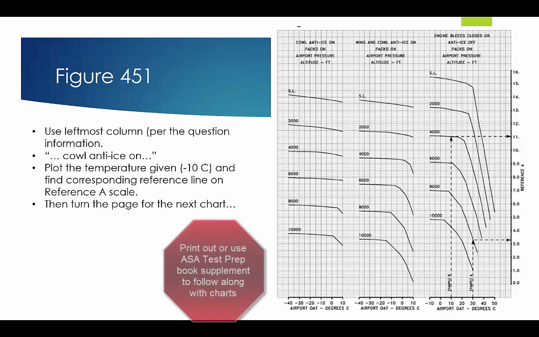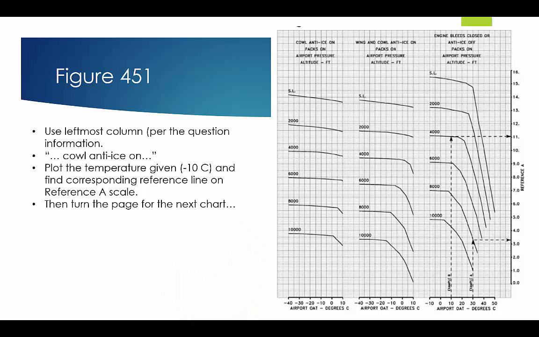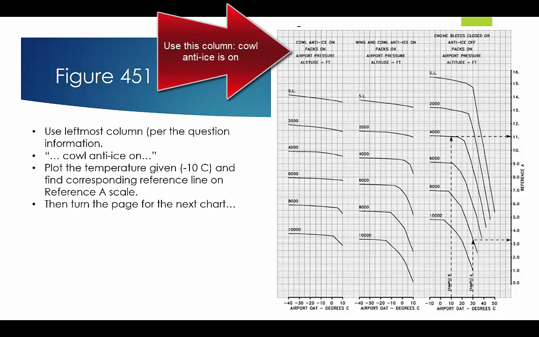And we have a chart here where we've got a choice of what column we want to use here. But if we take a look at this, we see the cowl anti-ice on, PAX on, airport pressure altitude in feet is the left column. And earlier we were told that the cowl anti-ice is on.